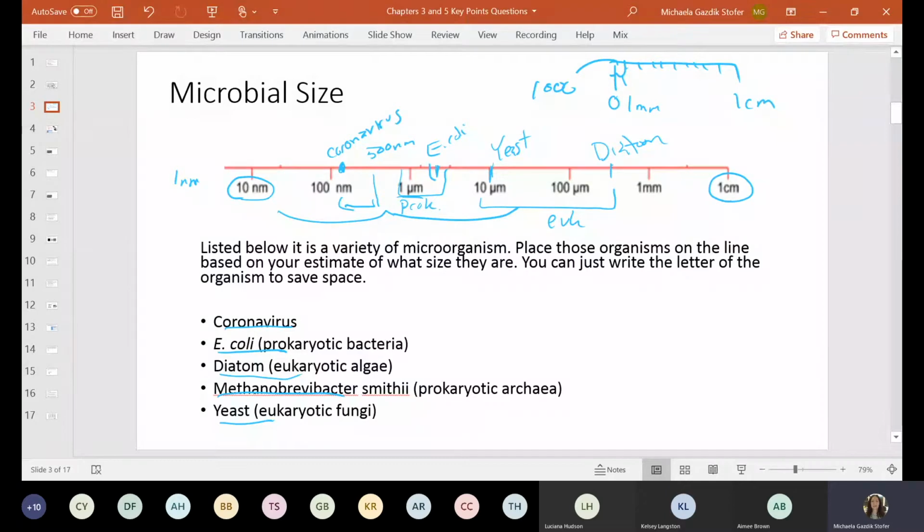And so all of these ranges are microscopic. The naked eye can comfortably see slightly smaller than 1 millimeter. So anything lower than that is what we call microorganisms and what we need a microscope to view. So you guys should have a general sense of what the size ranges are for the various classifications of microbes.